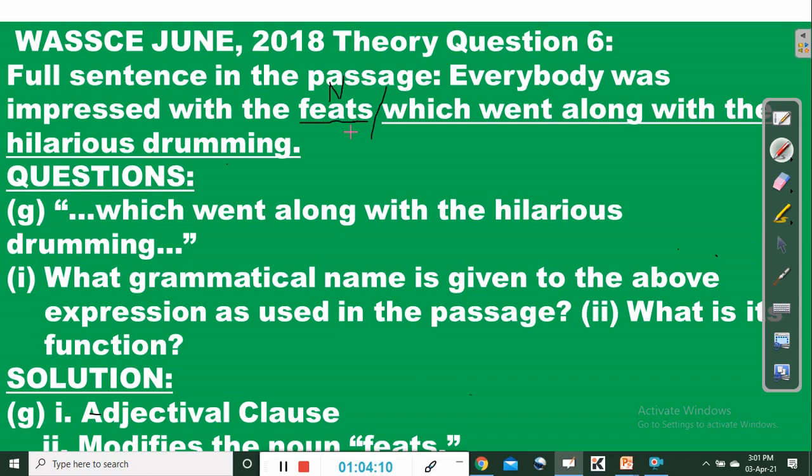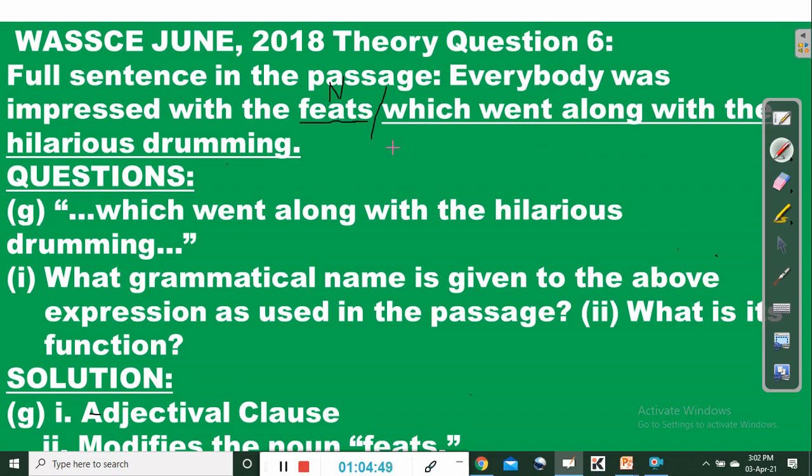So that is exactly the way it is, because English words are like chameleons. Chameleons change their color according to their physical environment. In the same way, English words change their meanings according to their linguistic environment. Now, what do we call a linguistic environment? It's all about the words that share a common boundary with the expression we are examining. In this case, this expression underlined here, which went along with the hilarious drumming.